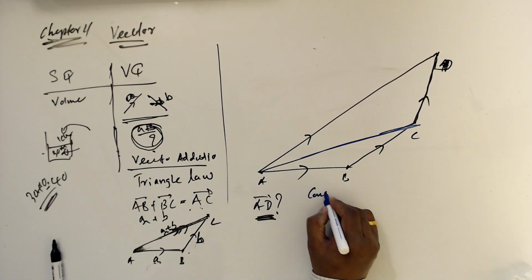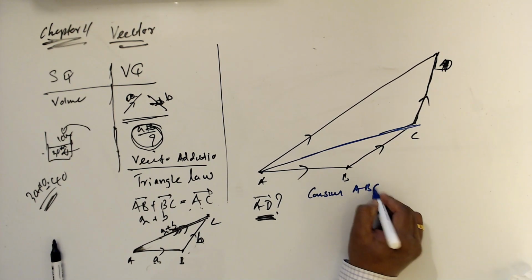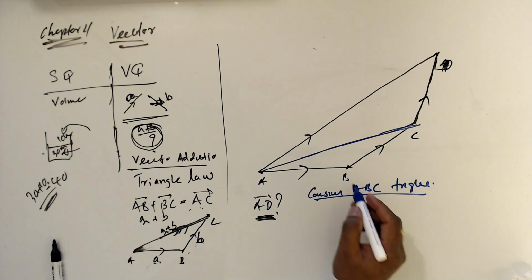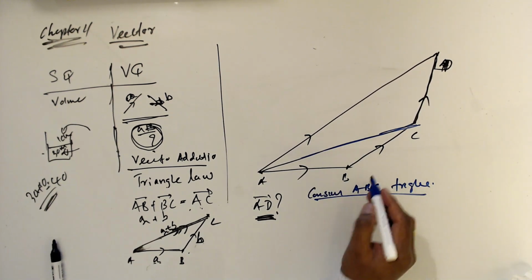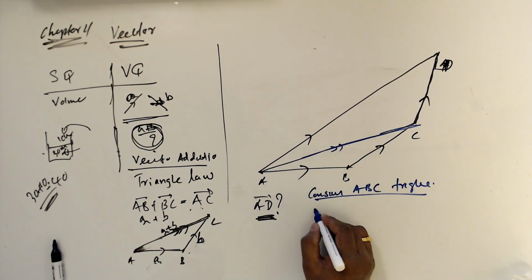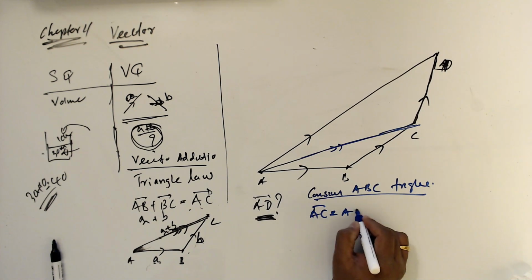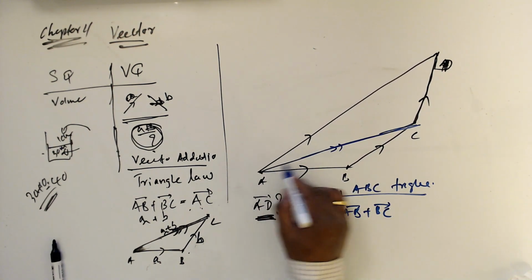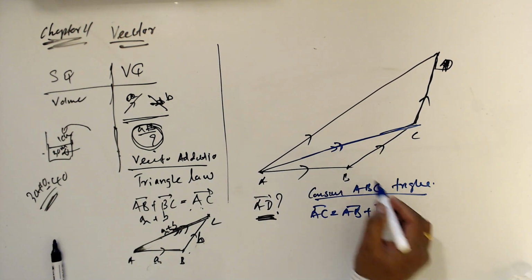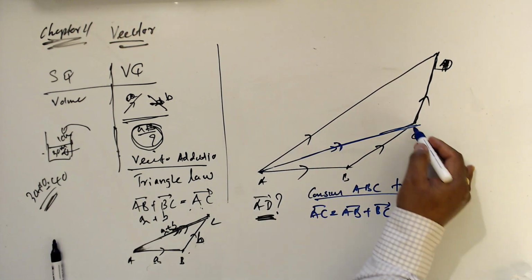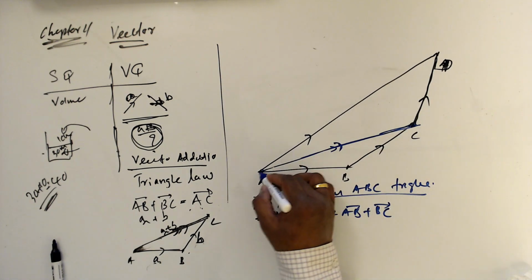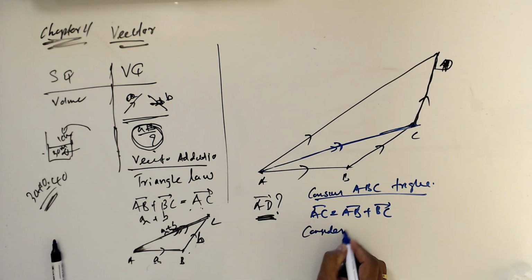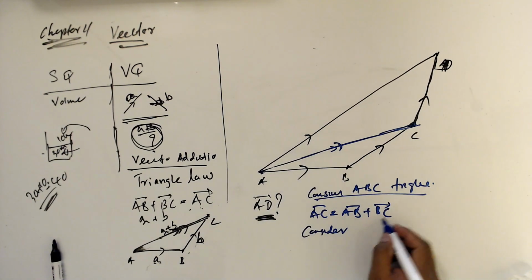Now consider ABC triangle. Now from ABC triangle, AC is AB plus BC. Now I know the AC value. Then I consider this triangle. Consider ACD triangle.